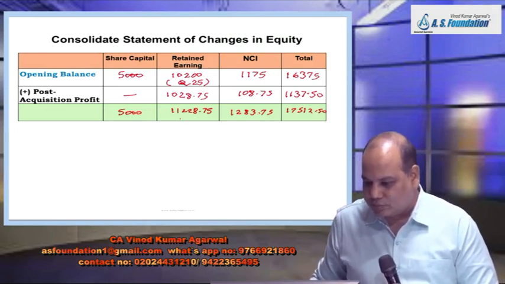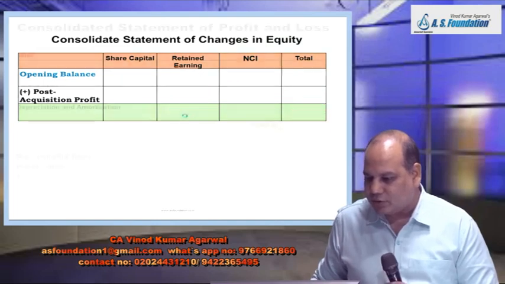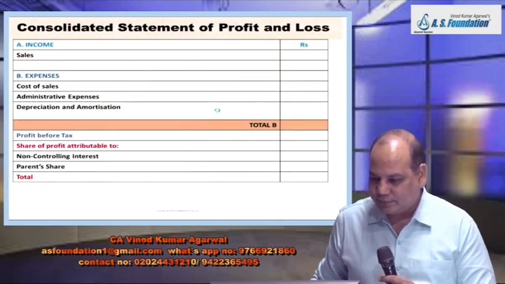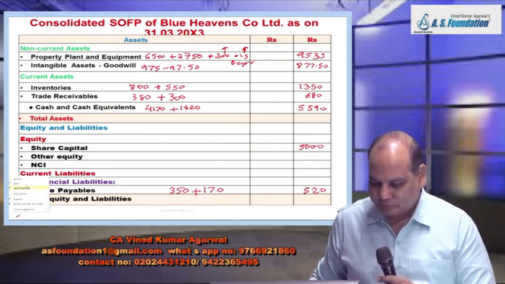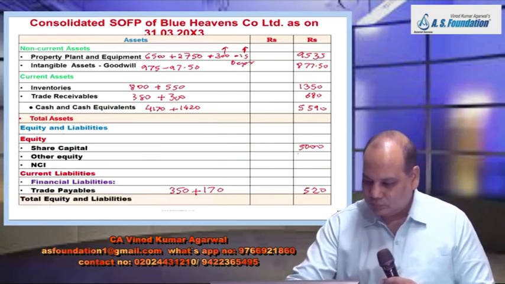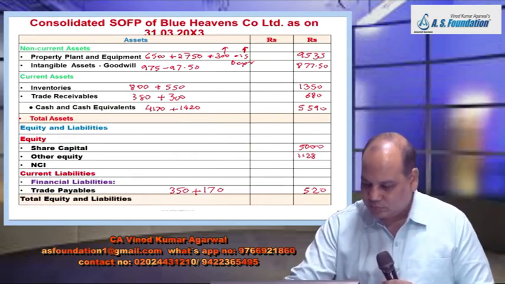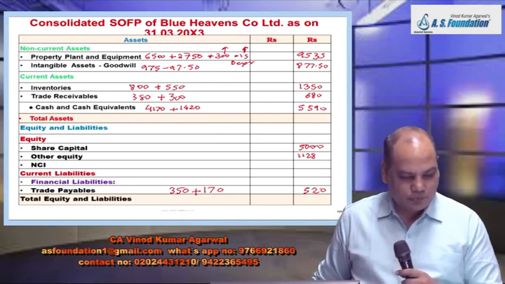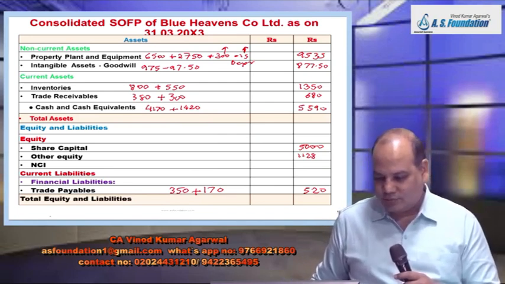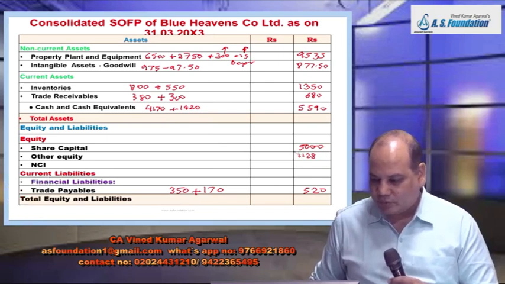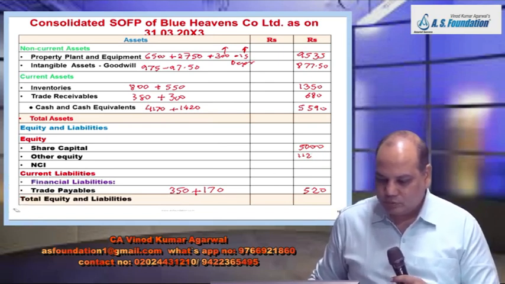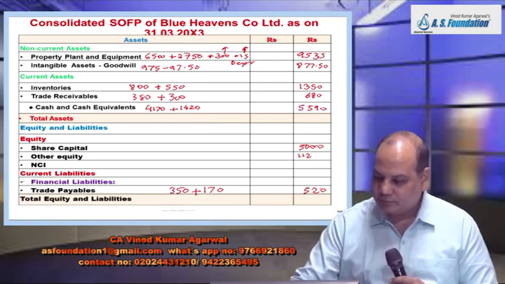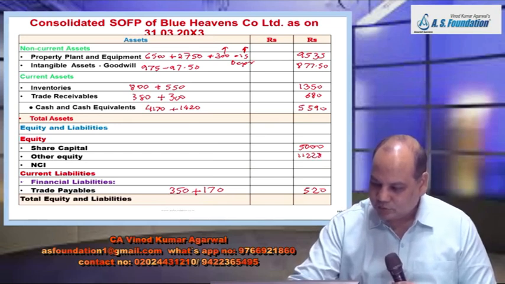So now you come to main page. Retained earning, write down 11228.75. And how much is this one?